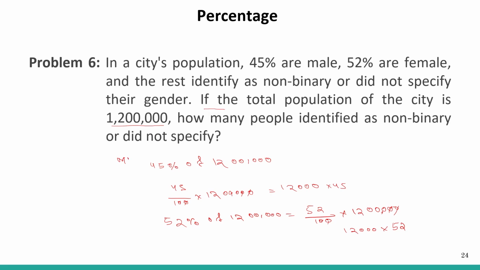Let's say this one is method number 1. In method number 1, we will calculate the total of males and the total of females, and then we add them up and subtract from 12 lakh. So 12 lakh minus total male minus total female.